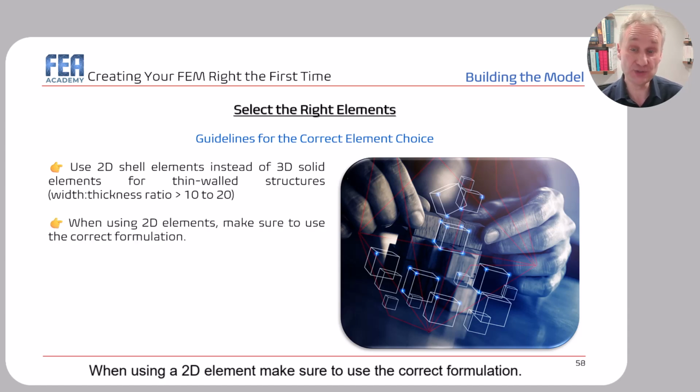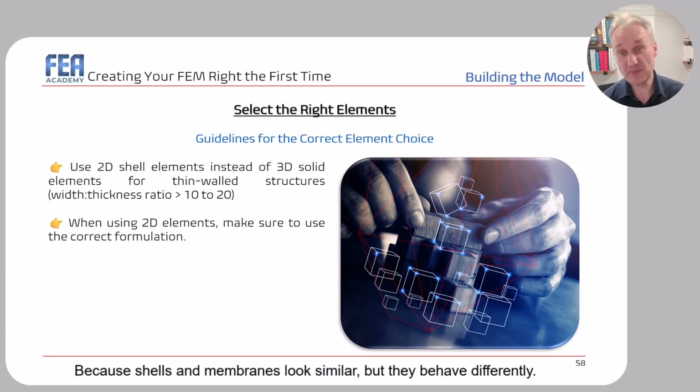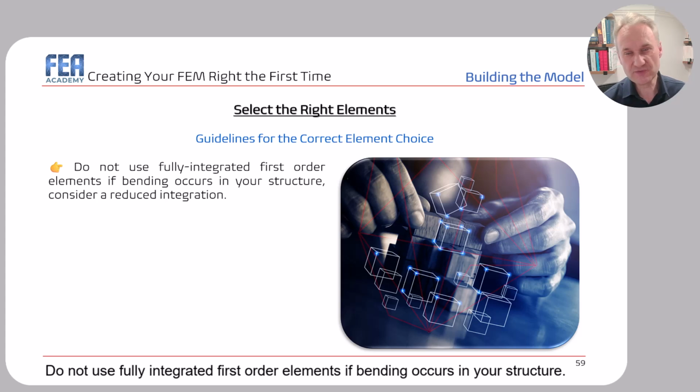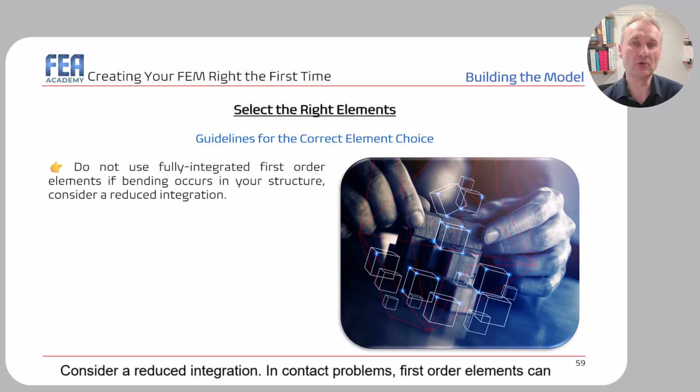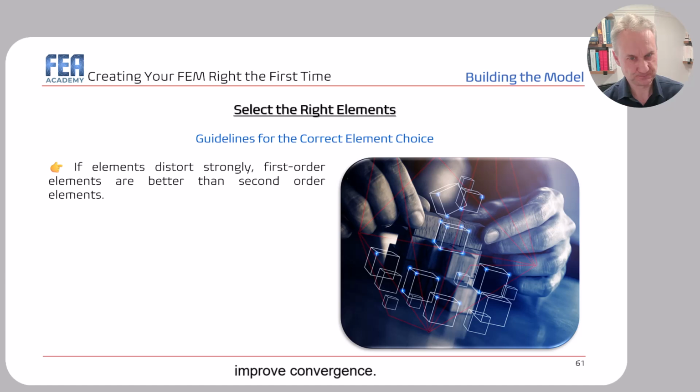When using 2D elements, make sure to use the correct formulation because shells and membranes look similar, but they behave differently. Do not use fully integrated first-order elements if bending occurs in your structure. Consider a reduced integration.